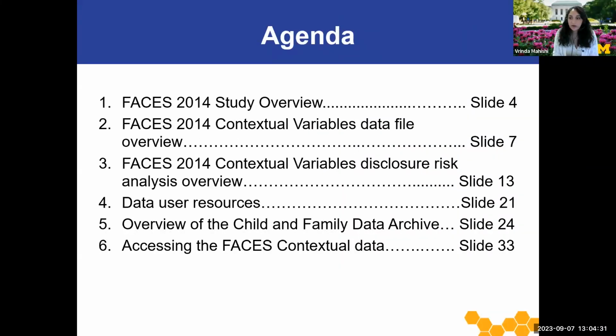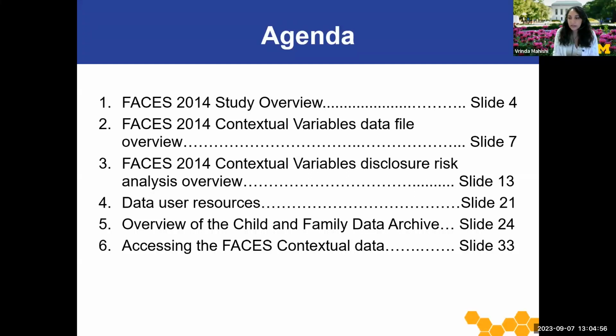For today's webinar, Andrew and John will provide you with an overview of the FACES 2014 study and the contextual variables data file, as well as the disclosure risk, and then provide information on data user resources. Following those sections, I will give an overview of CF Data and the resources that we have to support researchers.